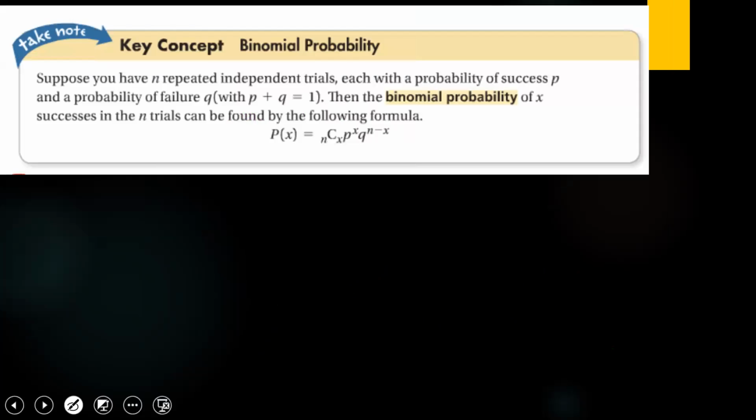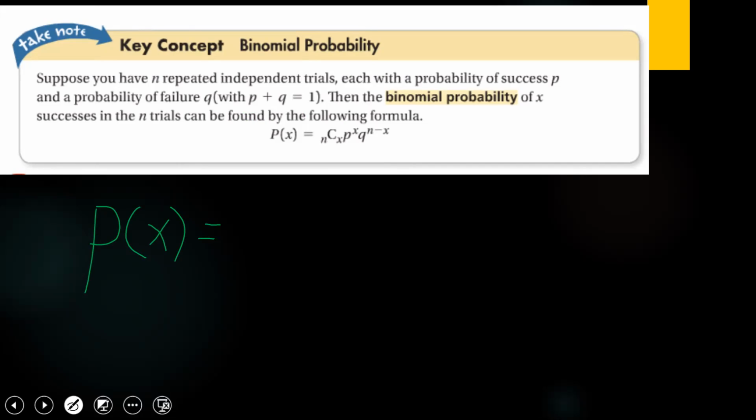Now, let's see the formula to find the binomial probability. The probability of finding x successes in independent trials, with a constant probability and with a fixed number of trials.